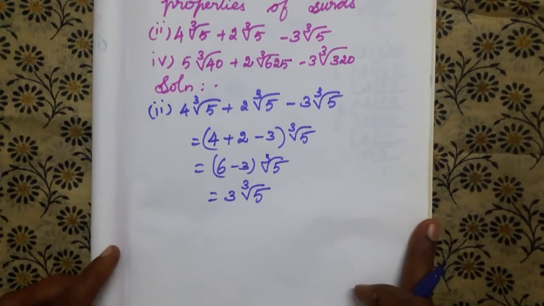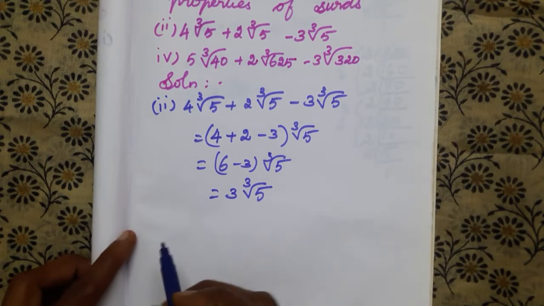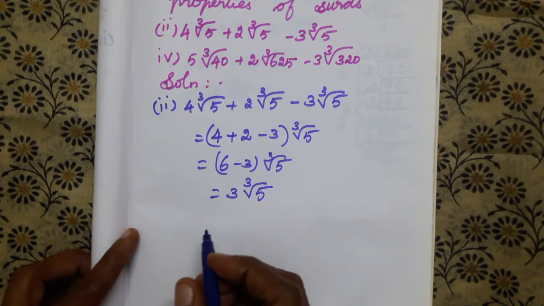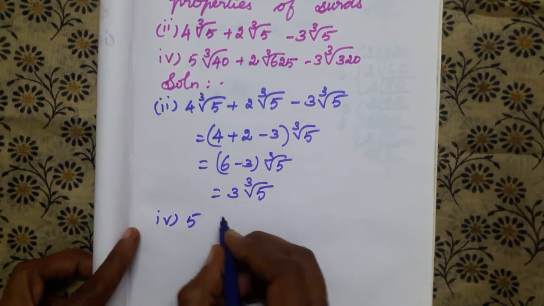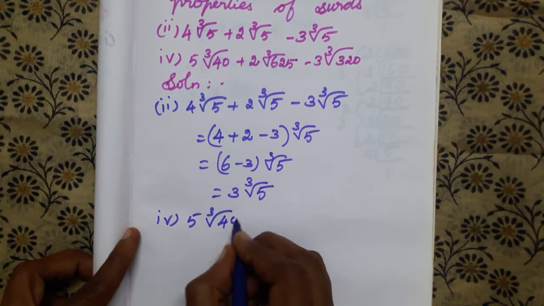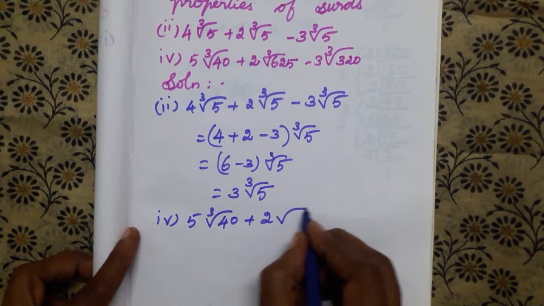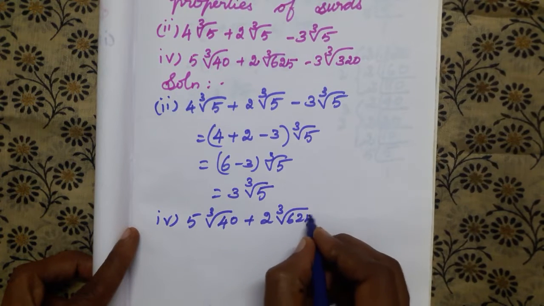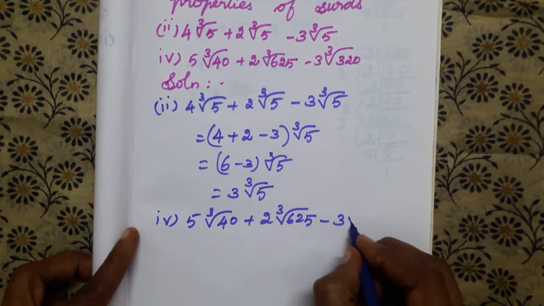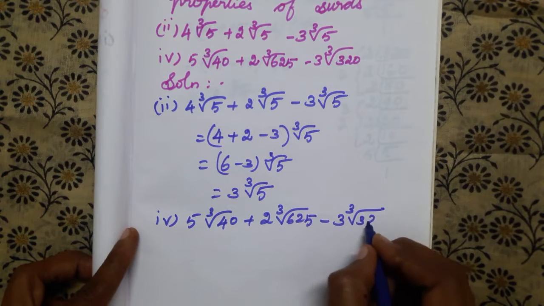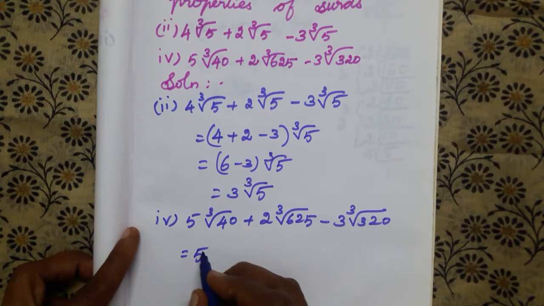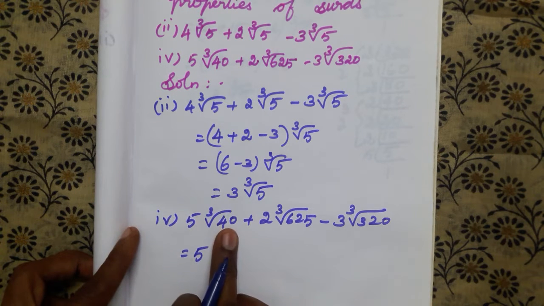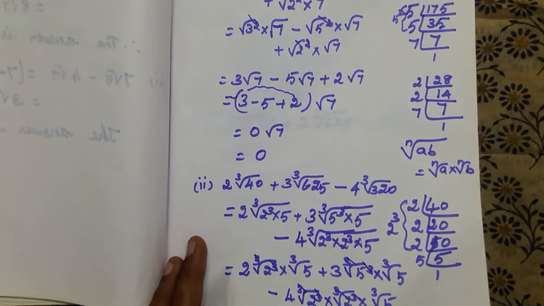Then the fourth problem. Now I am going to do the first and second; the third problem you have to do as homework. The fourth problem: 5 cube root of 40 plus 2 cube root of 625 minus 3 cube root of 320. In the previous problem we have factorized 40.